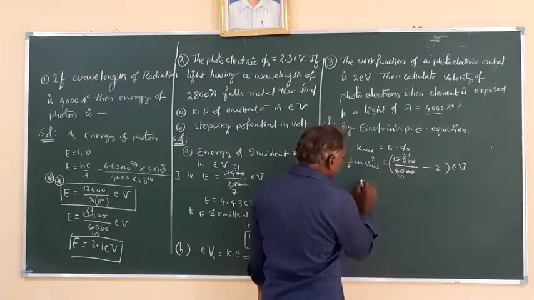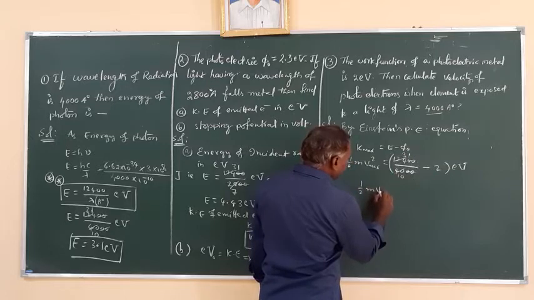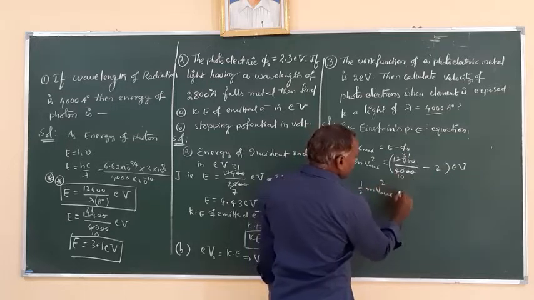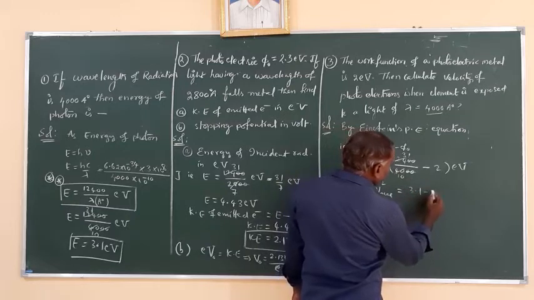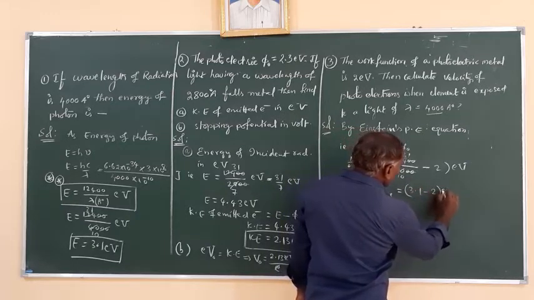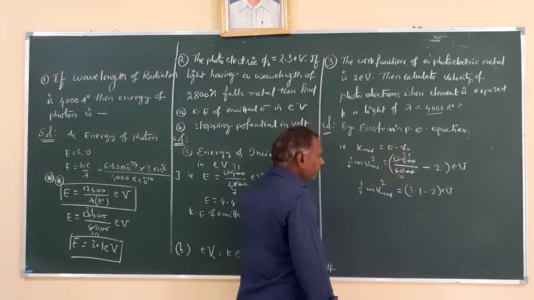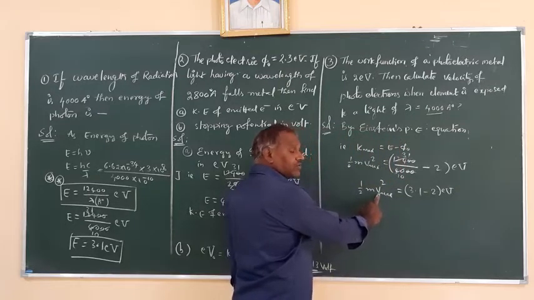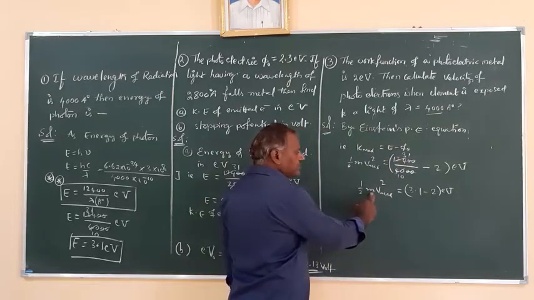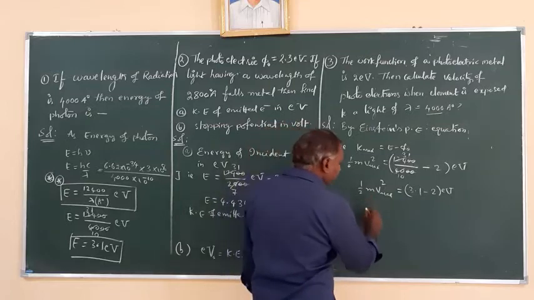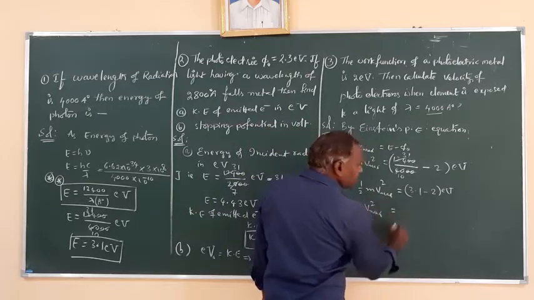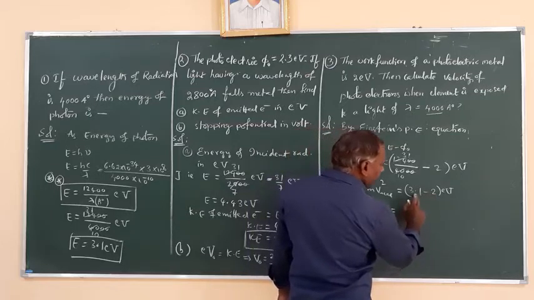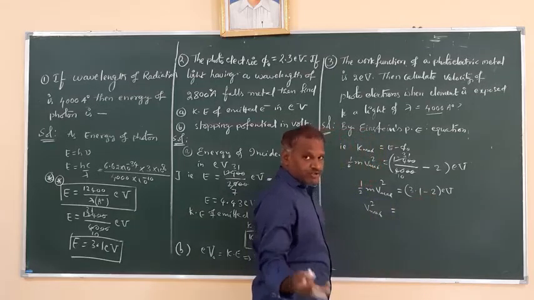So here half m V max square is equal to how much? It is coming as 3.1 minus 2, in electron volts. Now we want to find only the velocity, the maximum velocity. So this is the mass of the electron. So now I can write V max square is equal to, this comes as 1.1, since 3.1 minus 2 is 1.1.